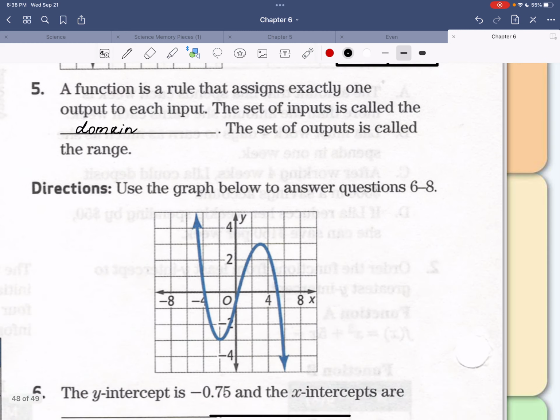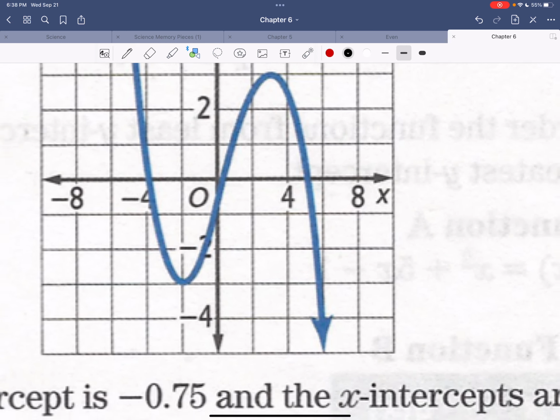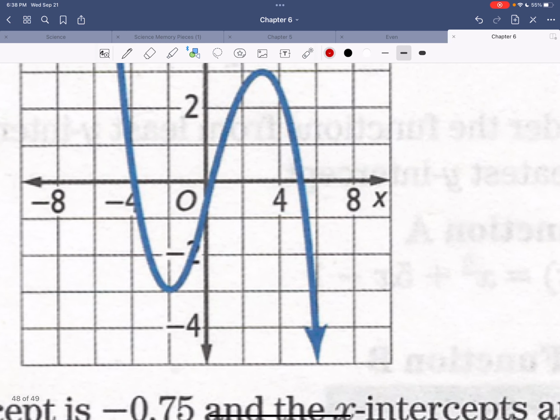Okay, number 6, it says to use the graph to answer questions 6 through 8. Number 6, the y-intercept is at negative 3/4, and the x-intercepts are, well, if we zoom in, we can see one here and here.